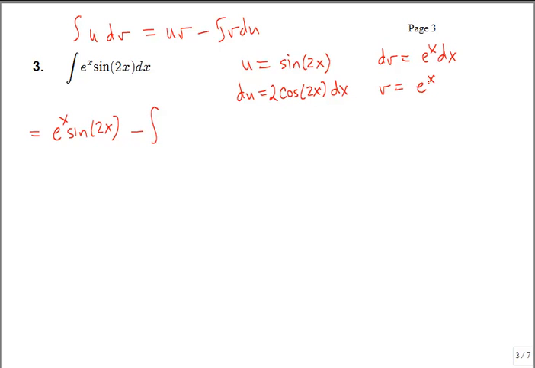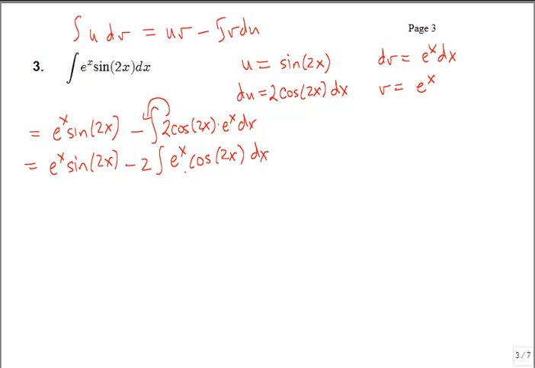So here's my v and here's my du. So we want to multiply these two together. So we're going to get 2 cosine 2x times e to the x dx. And just to rewrite that a little bit cleaner, I'm going to pull the 2 out. So this is minus 2 times the integral of, and I'm going to put the e to the x in front.